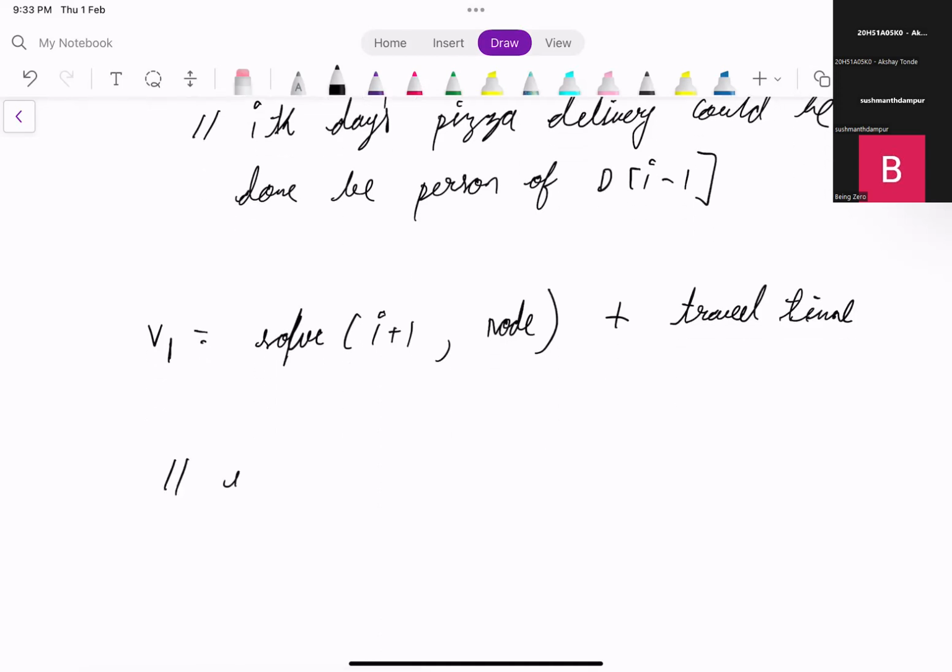And the next choice is that the ith day's pizza delivery could be done by the person on node.